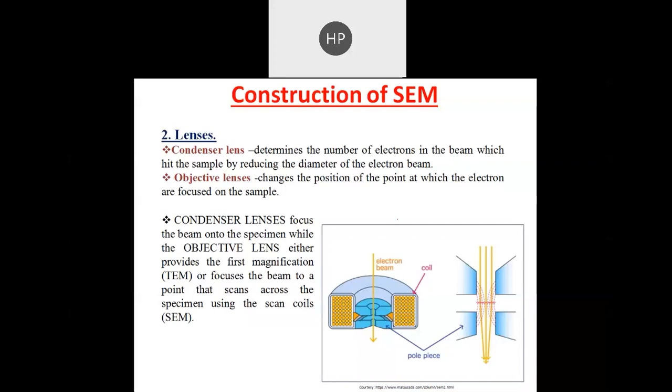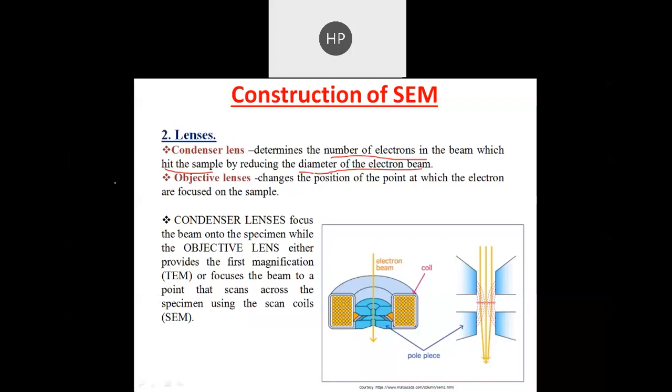Okay, so that condenser lens will determine how many electrons from the beam are going to hit the sample. And to reduce that number of electrons, the diameter of that electron beam is to be reduced, and to reduce that, the condenser lenses are used.